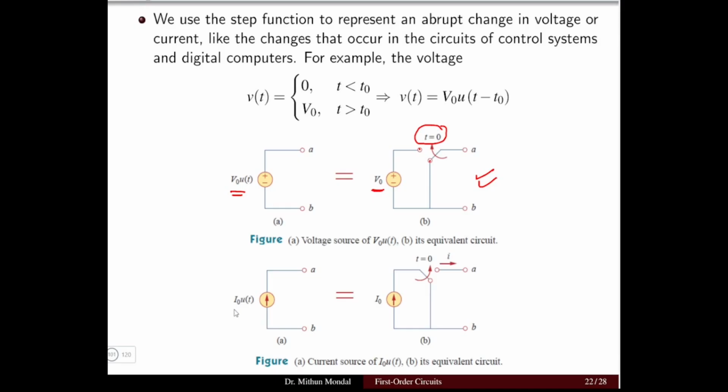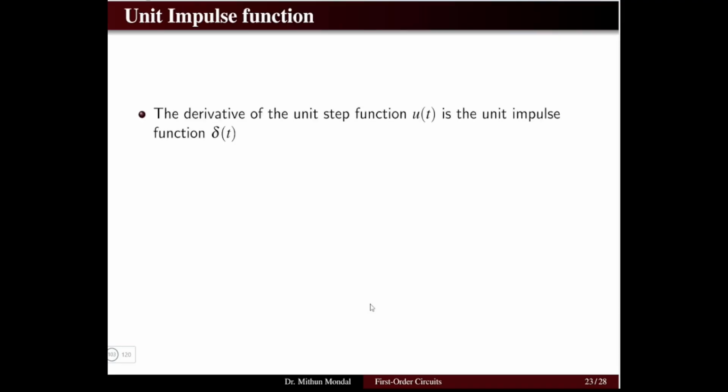If you have the current I naught u of t, it means that the circuit which was short circuited for time t equal to 0 is reconnected to the rest of the circuit with an amplitude I naught. So these step functions are very important when we try to show the abrupt change in the voltage and the current. Now next we'll take the unit impulse function.